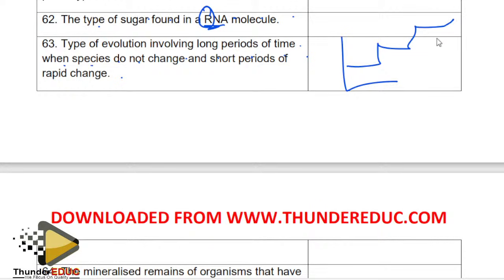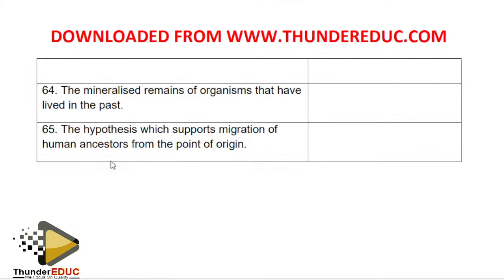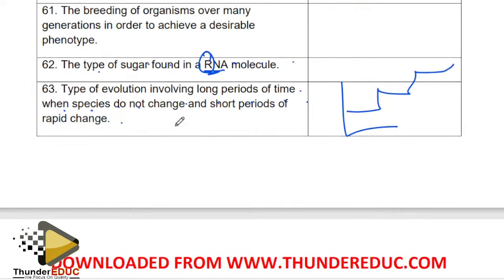We talked about it. The mineralized remains of organisms that have lived in the past, we call them fossils. The hypothesis which supports the migration of ancestors from a point of origin, we call it the out of Africa hypothesis.